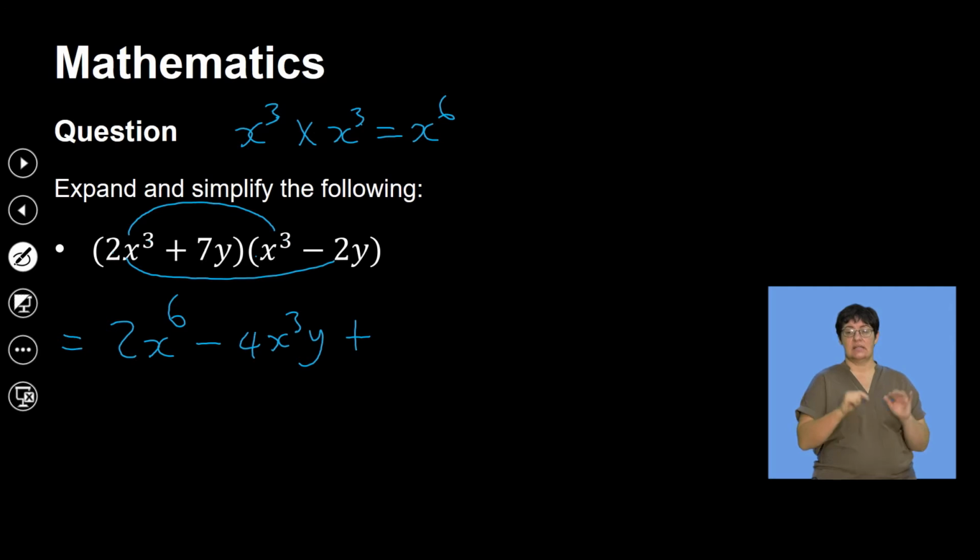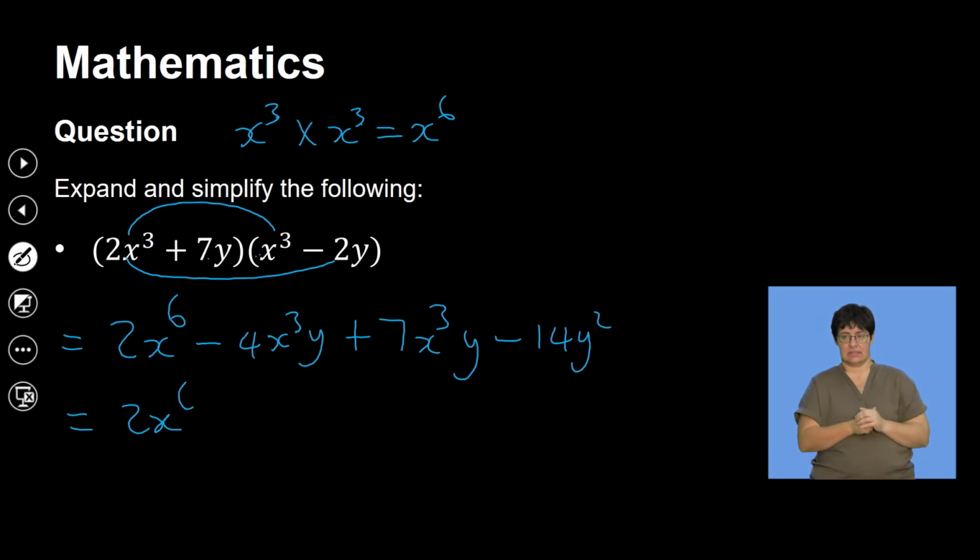Then plus the 7 multiplied by the x cubed, there will be 7x cubed y. And then lastly, it will be plus 7y multiplied by the minus 2y, which will give me negative 14y squared. Then this will then give me 2x to the exponent of 6.